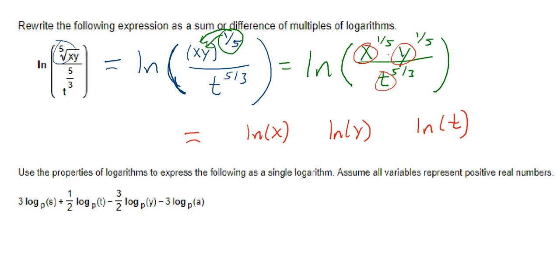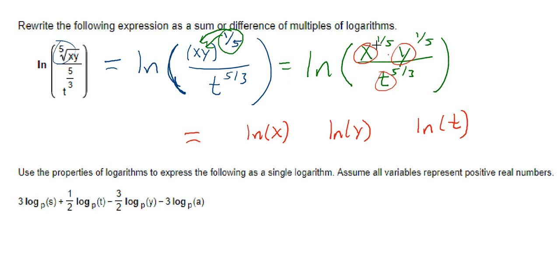Now what we do with the exponents is we use the power rule, and remember we can take exponents and multiply them down in front of their respective logarithms. Now we can't do that here because there's just too many different exponents and too many different bases, but once these get split up into their separate logarithms, that power of 1/5 technically does follow the x, but then we're going to take that power of 1/5 and use the power rule to put it down in front of the logarithm. So all of these exponents that you have here, ultimately, this is a shortcut, they ultimately just end up in front of the logarithms of their respective bases, right?